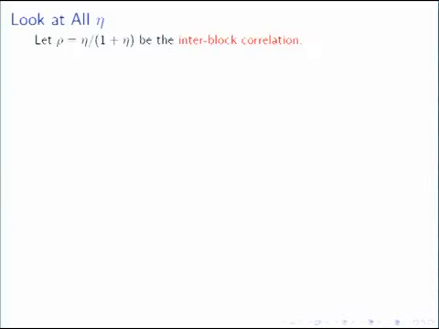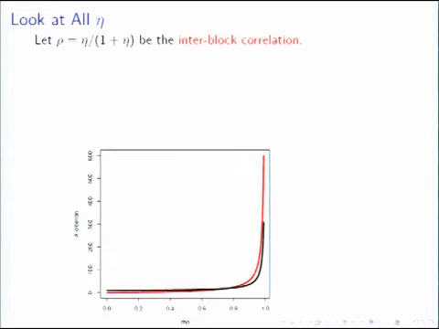We can actually look at all values of eta by looking at the intra-class correlation, or intra-block correlation, rho, which is just eta over 1 plus eta, and then you can go up to infinity for eta, or 1 for rho. If you look at these two designs on that scale, they look like that.